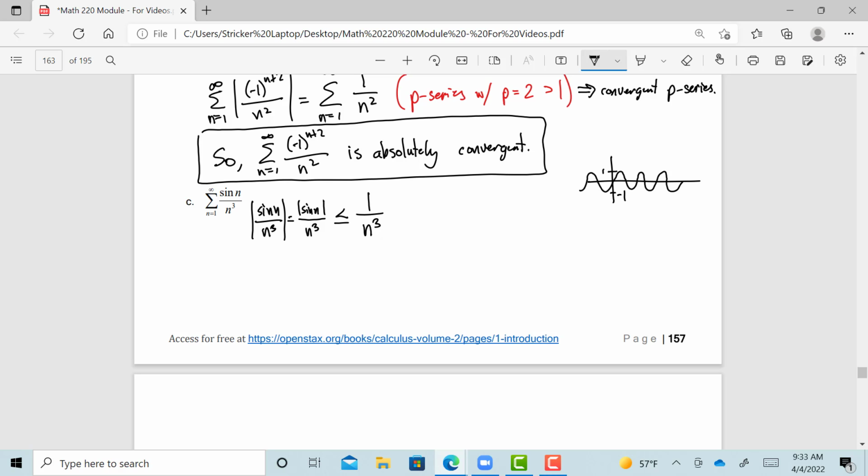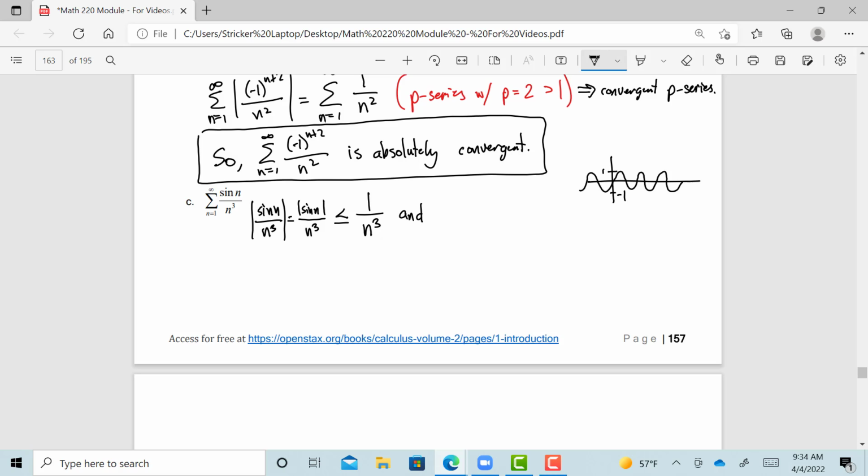So at its biggest value, sine of n will be 1. In that case, sine n over n cubed is equal to 1 over n cubed. But if it's any other value, sine n will always be less than 1, which makes the fraction on the right always bigger.